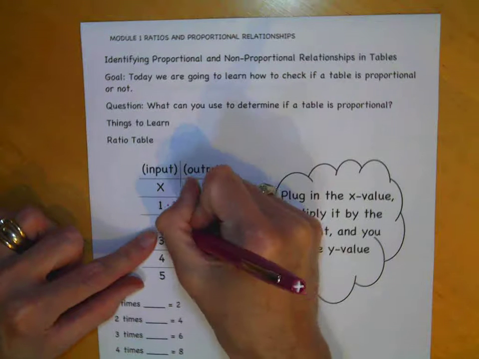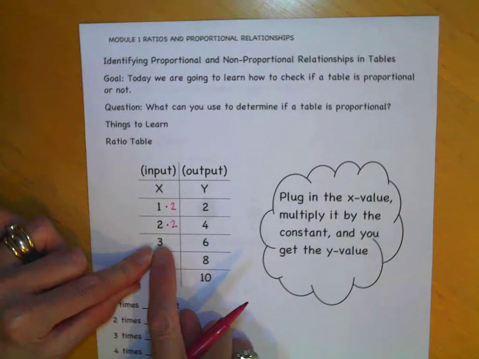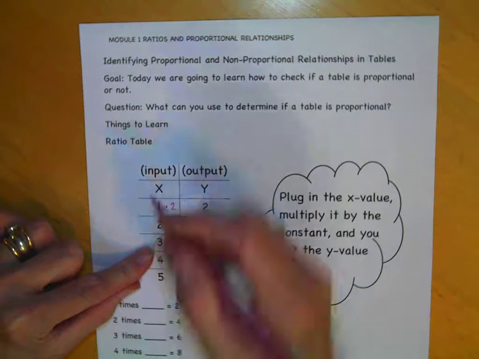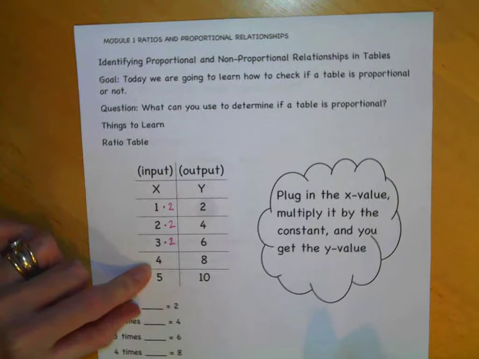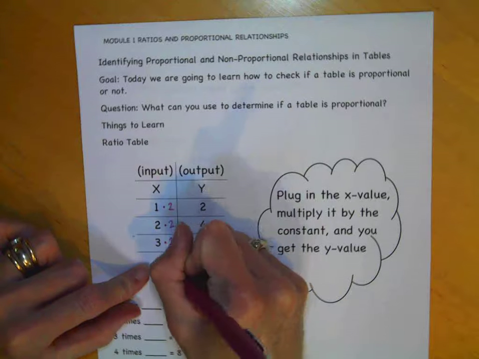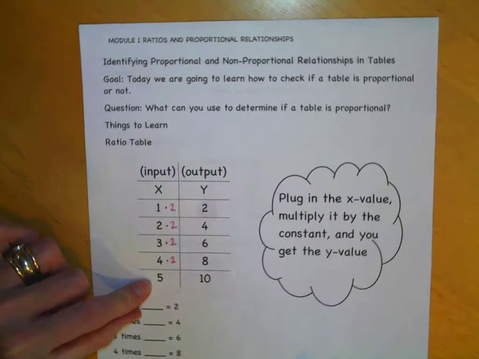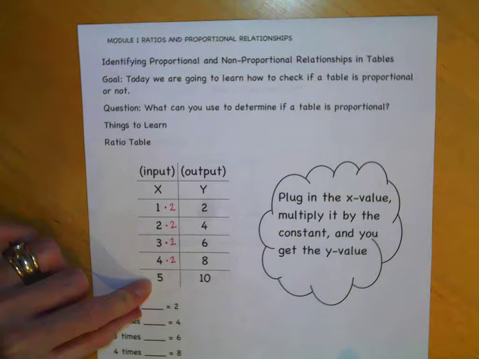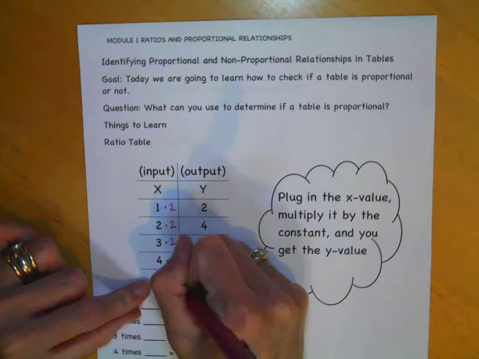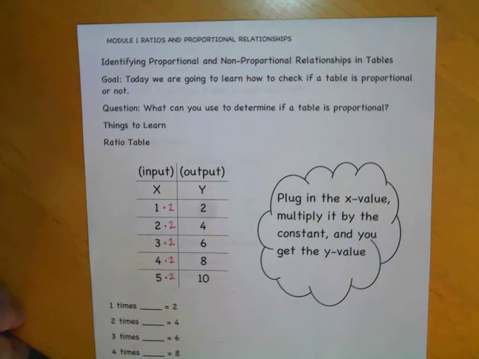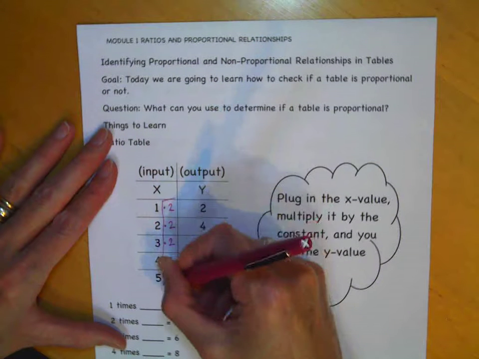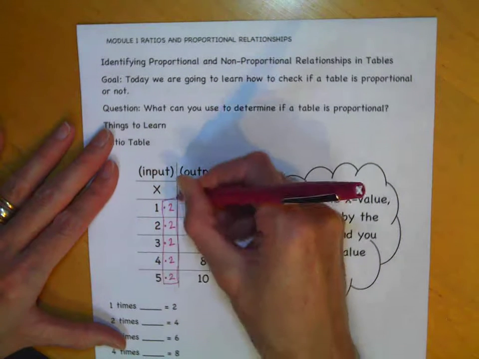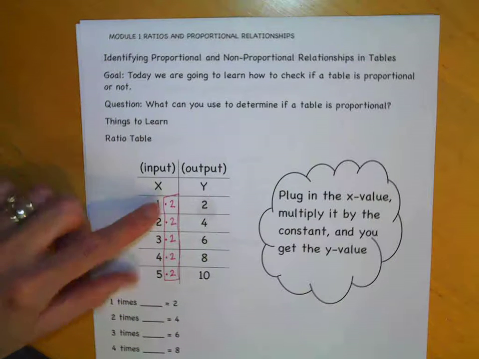Oh, that's pretty simple too, times 2. What number times 3 gives me 6? Again, it's times 2. What number times 4 gives me 8? Again, it's times 2. And what number times 5 gives me 10? Times 2 again. And so we have just figured out that all of the values on the X side were multiplied by the same number.